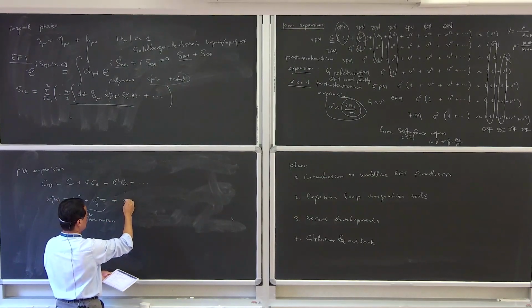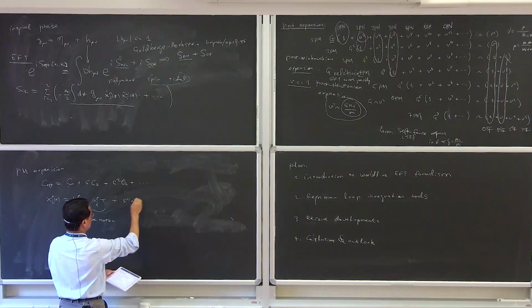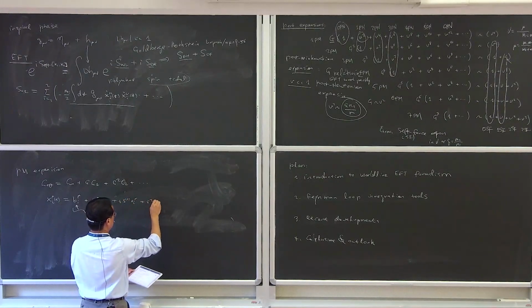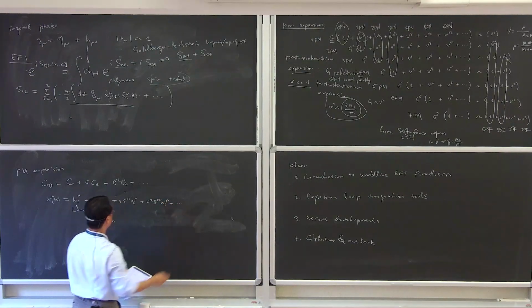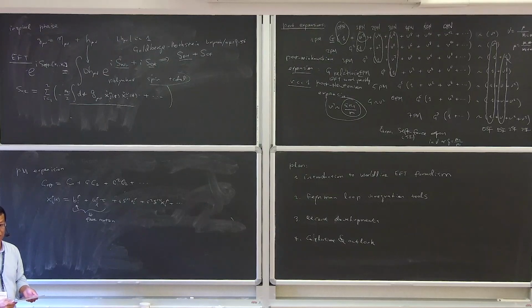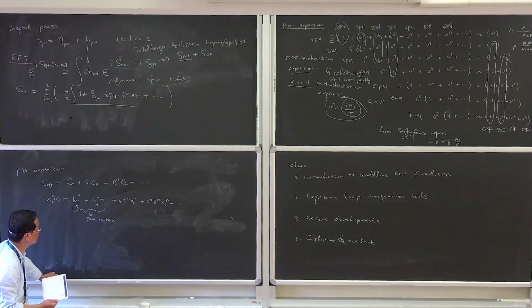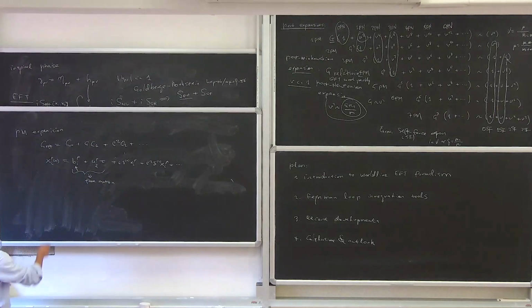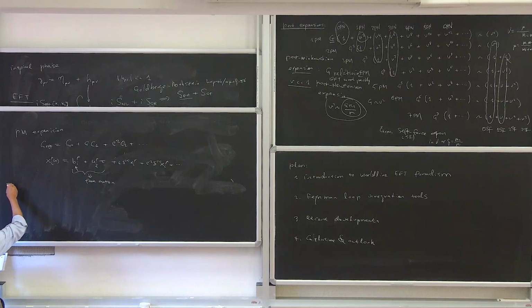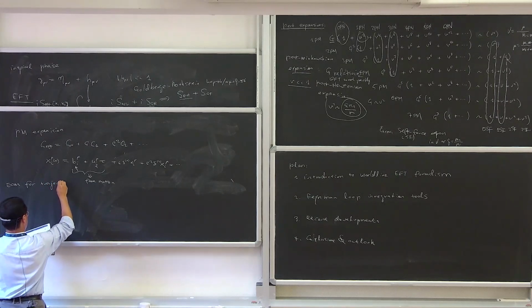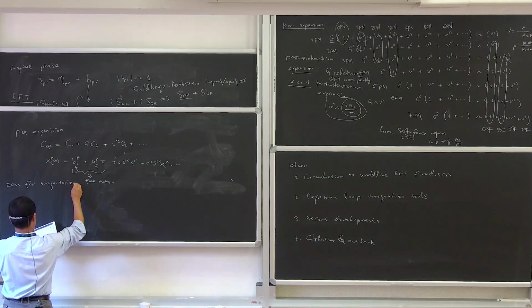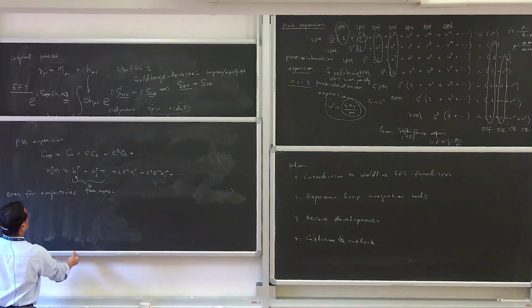We denote this, for example, G squared, and so on. Then we can solve the equation of motion for the trajectories.